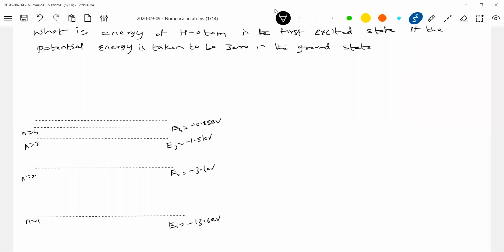And what is the basic central core idea? The kinetic energy is equal to mod of E, mod of U by 2, in this atomic structure.